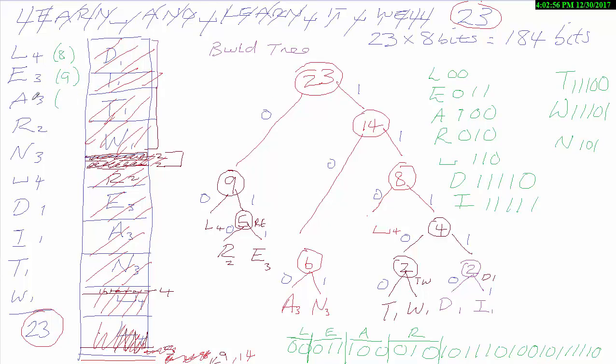A's, there are 3 bits and we need 3 of them, 9. 2 R's, 3 bits, 6. 3 N's, 3 bits, 9 bits. 4 spaces, spaces have got 3 bits, that's 12. D's, there's 1 D and 5 bits, and all of the others have got 5 bits.